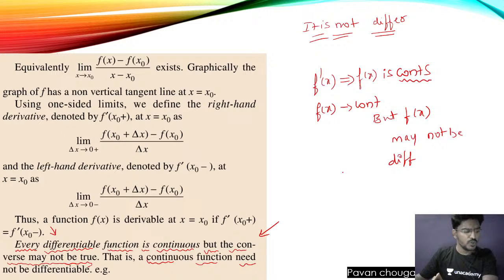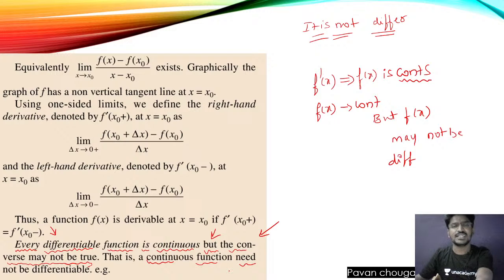So if you see one example for this particular statement, it will be very good. So for that, let us see one example. For this, you have to remember that a differentiable function is continuous, but a continuous function need not be differentiable, clear?